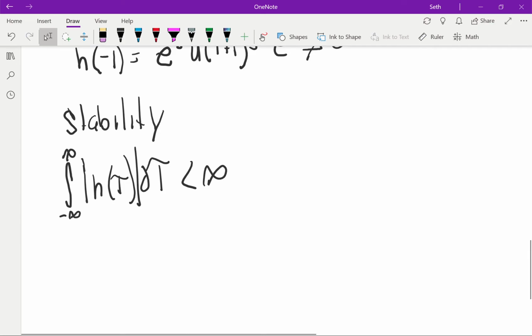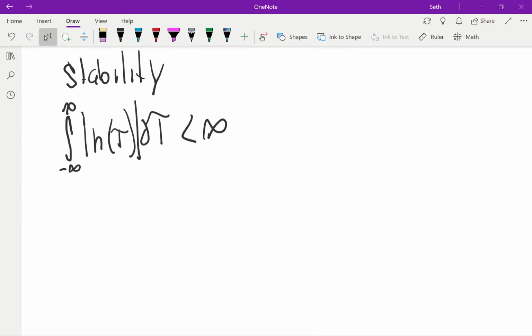Okay, so let's figure out what this function actually looks like, because we're going to split this integral into two.